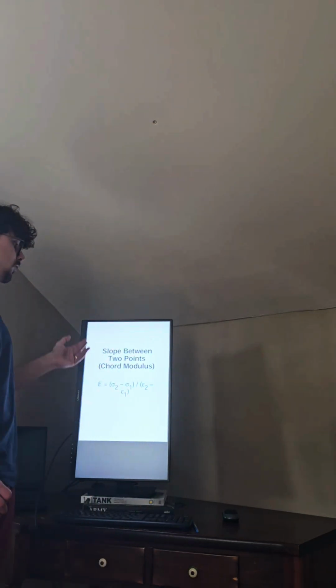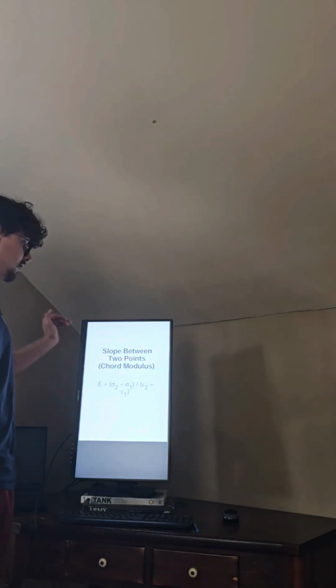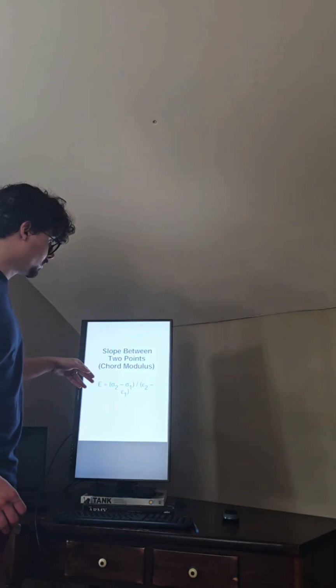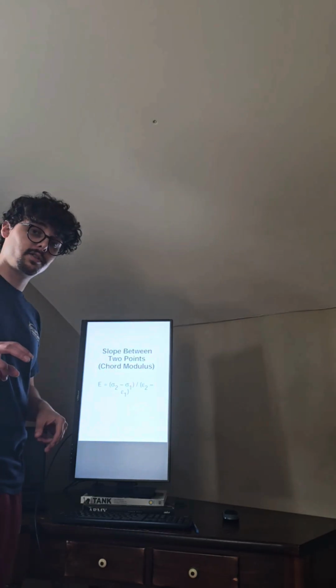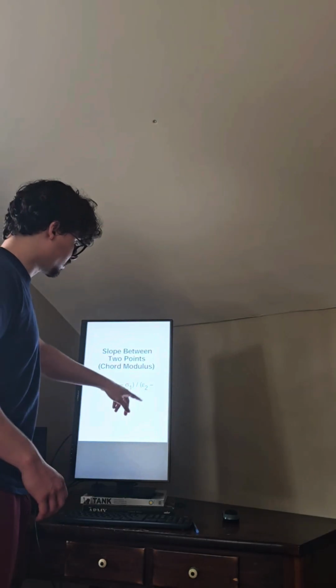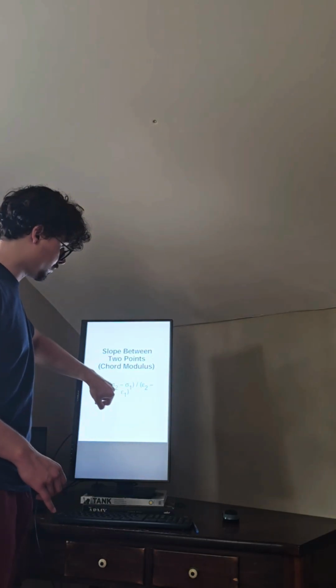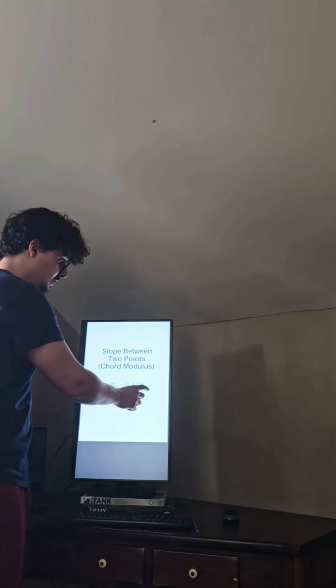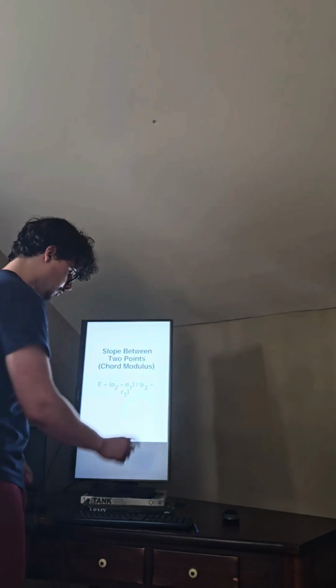Now, with this method, which is basically using the graph, what we will do is just pick 2 points within the elastic region. As you can see here, point number two and point number 1, these are the ones that will intersect when you select these 2.